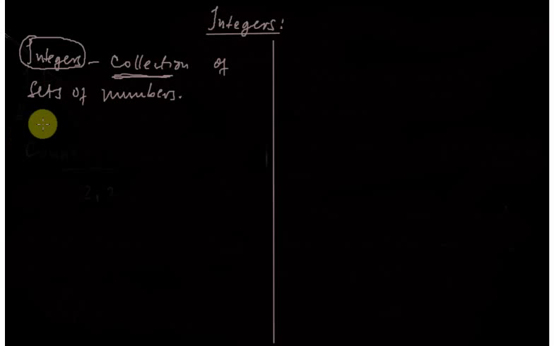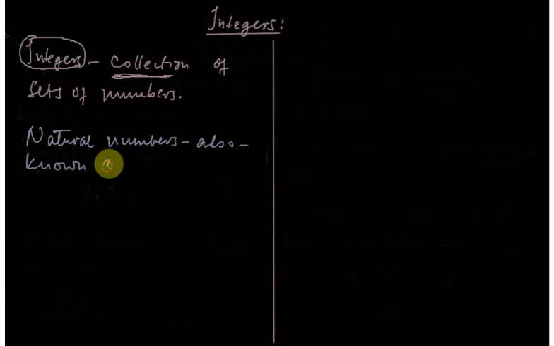We have a set of numbers called the natural numbers, also known as counting numbers.